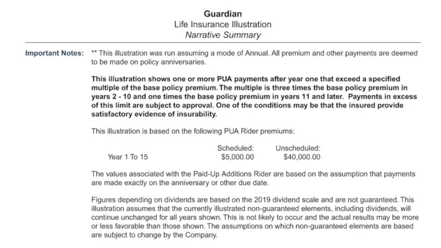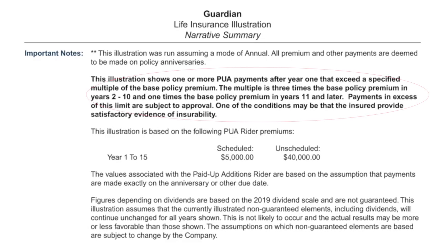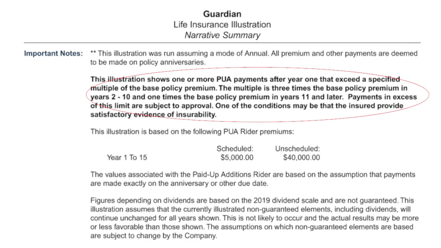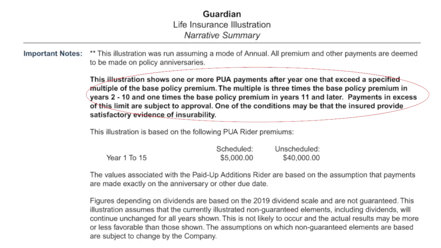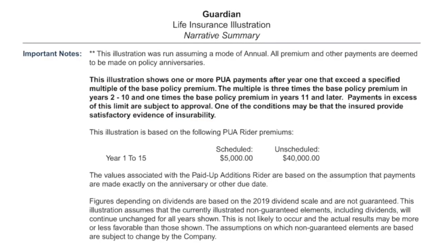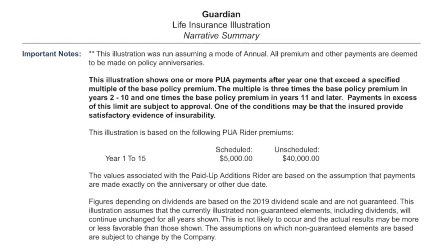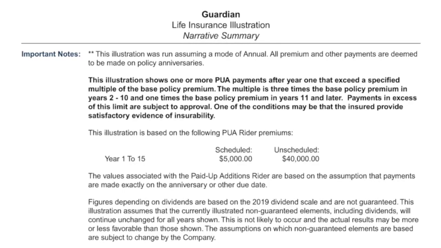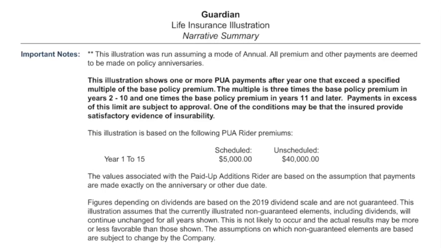So on page 3, you've got a lot of language here, but up top you see in bold a section referencing the PUA limitations. Specifically, this reads: this illustration shows one or more PUA payments after year 1 that exceed a specified multiple of the base policy premium.